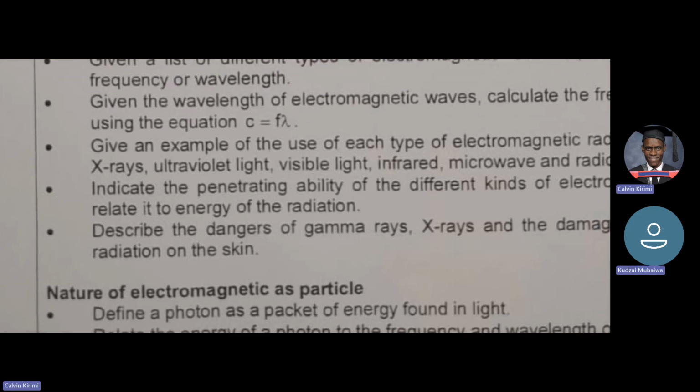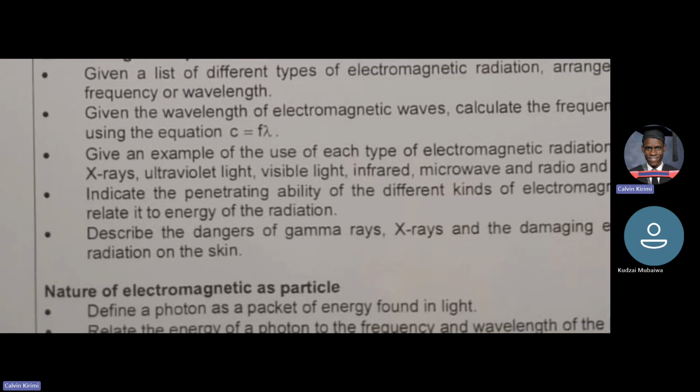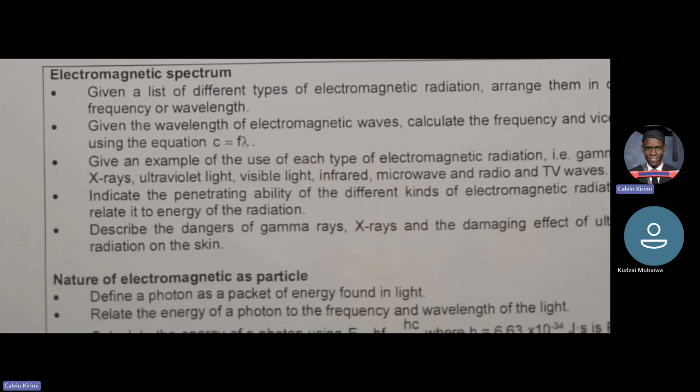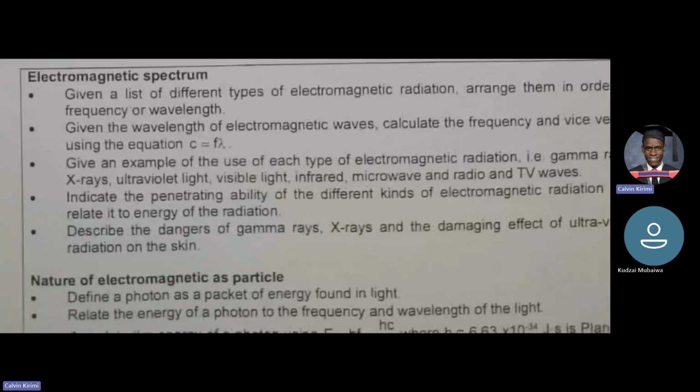Go to where they are saying give an example of the use of each type of electromagnetic radiation. This electromagnetic radiation we are talking about: gamma rays, X-rays, ultraviolet light, visible light.